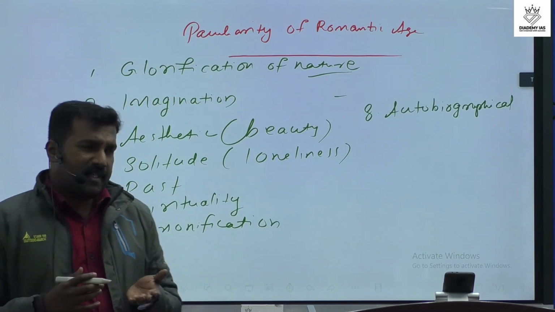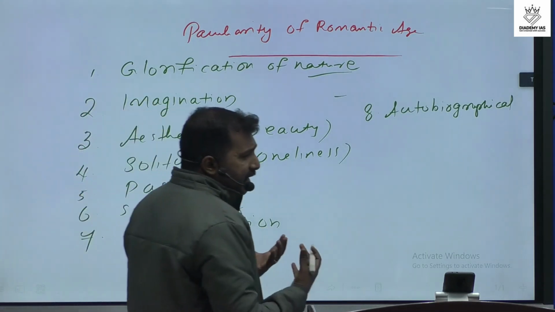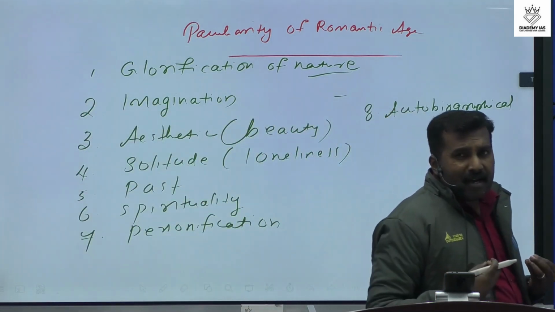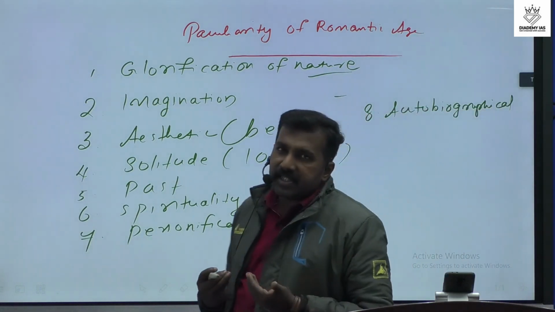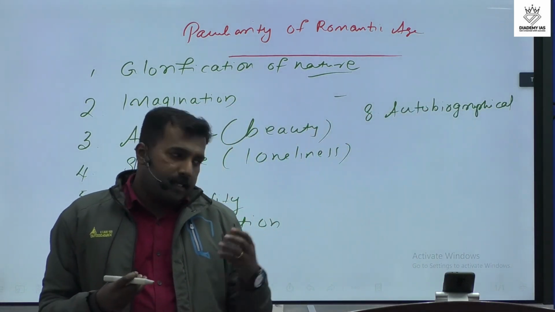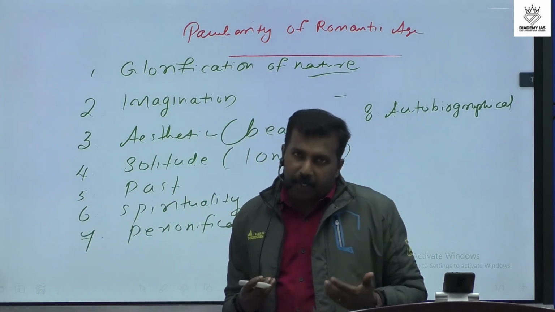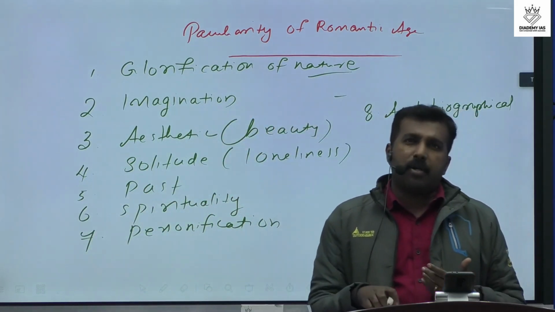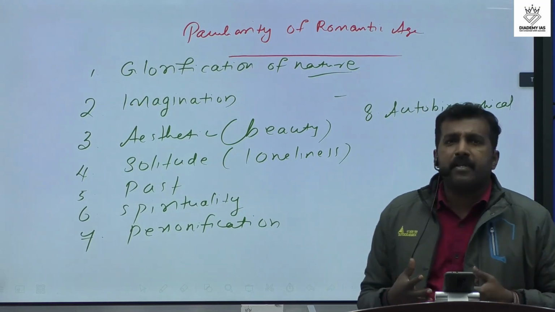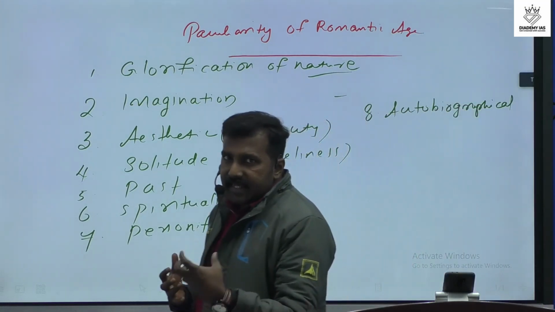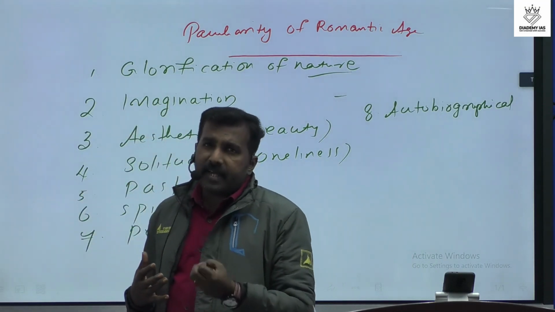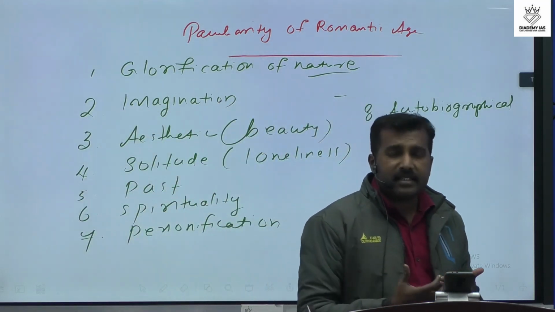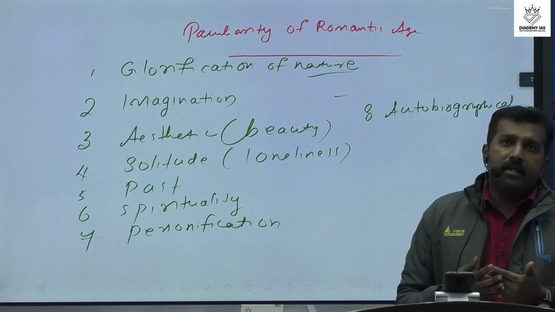What is autobiographical? We can simply say that when we read a literary work from the Romantic age, whether a poem, story, prose or play, we can easily understand that this particular work conveys some sort of experience of the author.